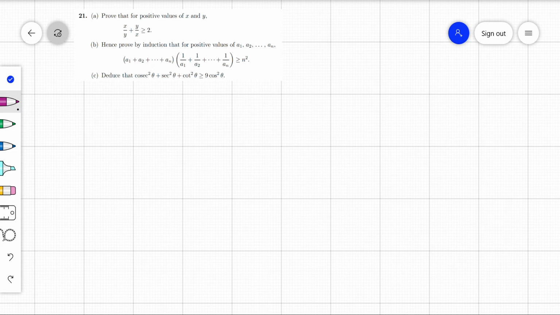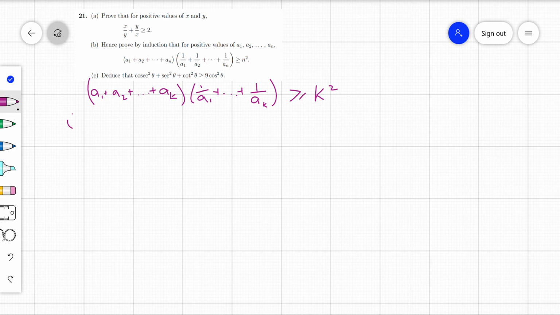So the assumption is the P of k. So we're assuming that for some integer k, that a1 plus a2 all the way to ak times by the 1 on a1 plus all the way to the 1 on ak is greater or equal to k squared. So we're going to use that as well. So what do we have to prove?